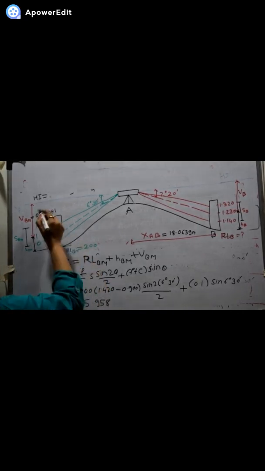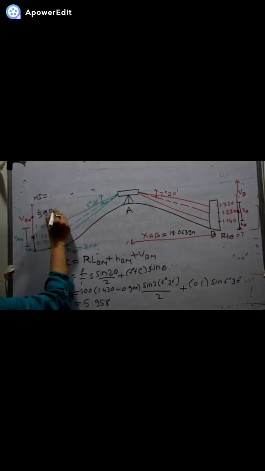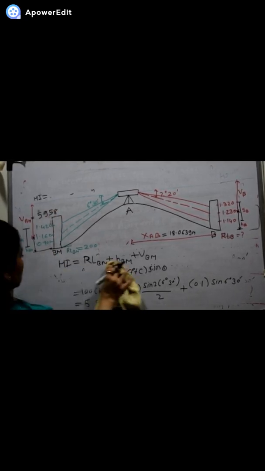So the value of V of BM when we calculate it comes as 5.958. We will put this value into the above formula and we will calculate the height of instrument.